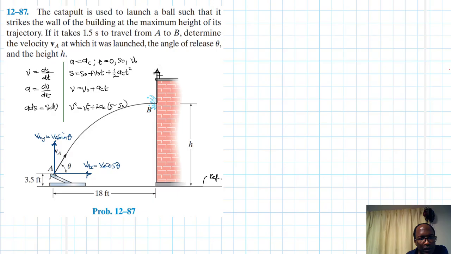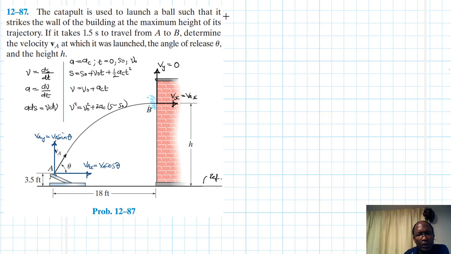While the horizontal one is the same, like we said, it's constant throughout. So this Vx here is equal to VAx, and then we have this Vy, which is equal to 0.